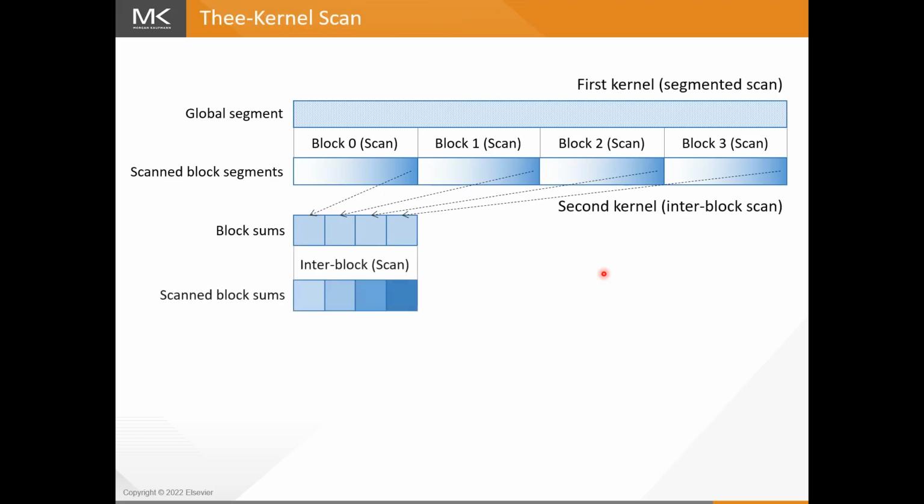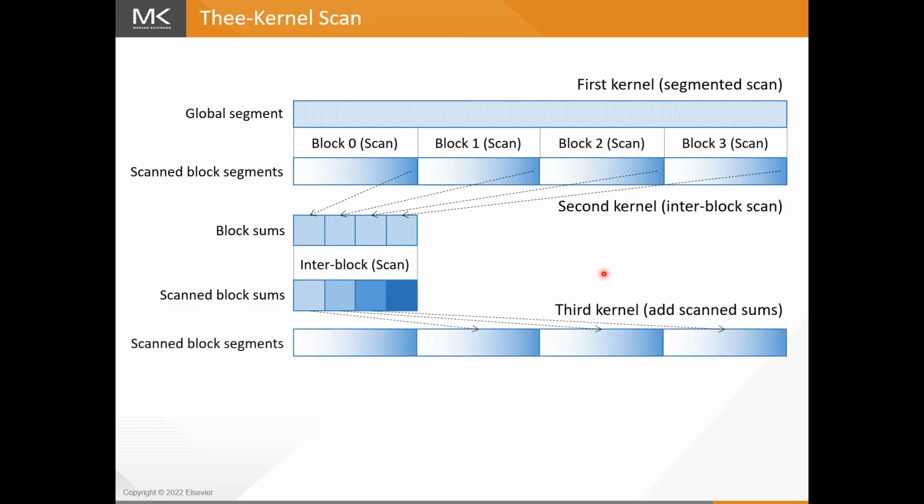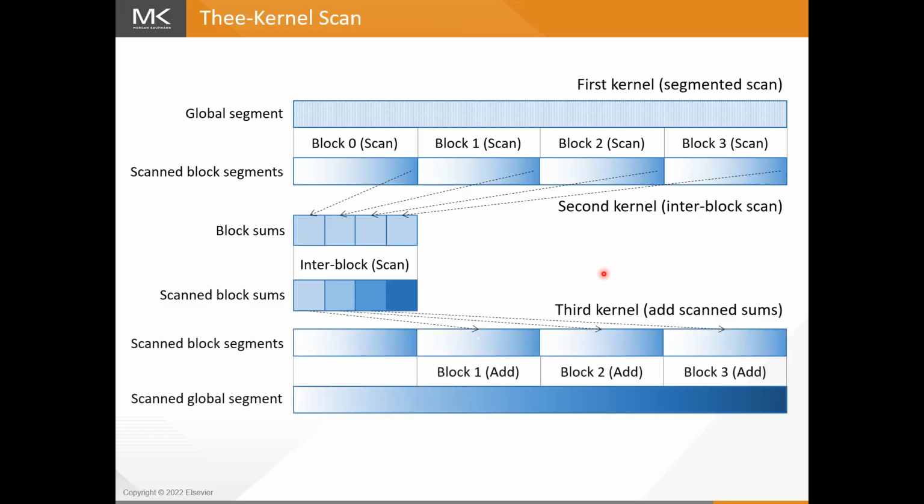We launch a second kernel that does the scan of that array. And then once we're done with that, we launch a third kernel that does the add operation for each block. So somebody asked me what was that add kernel that I modified. The add kernel that I modified was that third kernel that was doing this third addition. Is this clear?